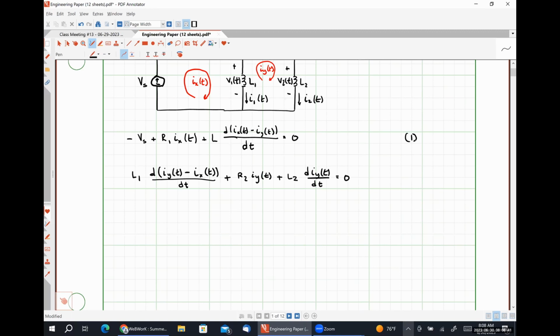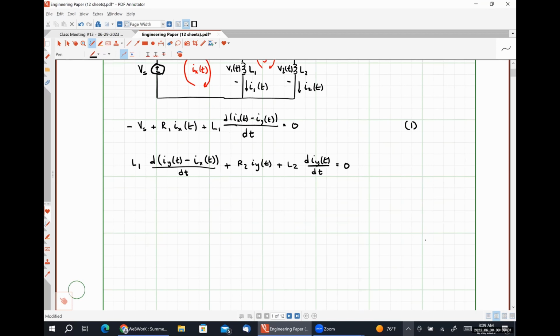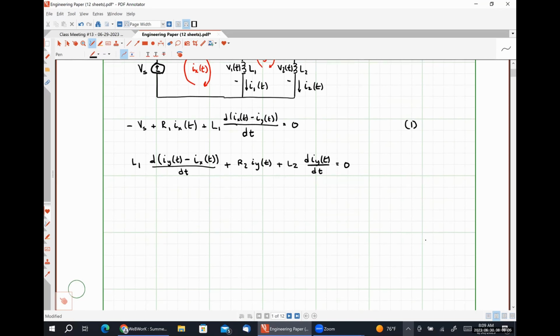And what I'm going to do is split, I'm sorry, there should be an L1 here. I'm going to split that derivative up, right? Because that's the derivative of the difference of two functions, which should be the derivative of Ix minus the derivative of Iy, right?